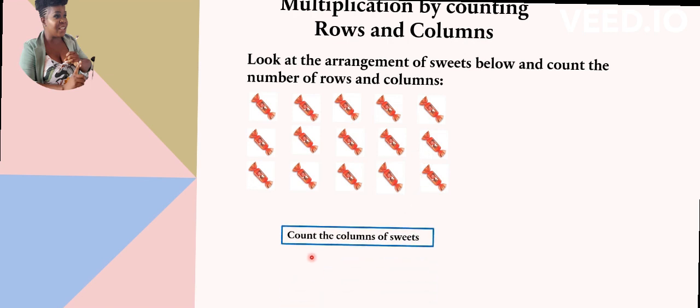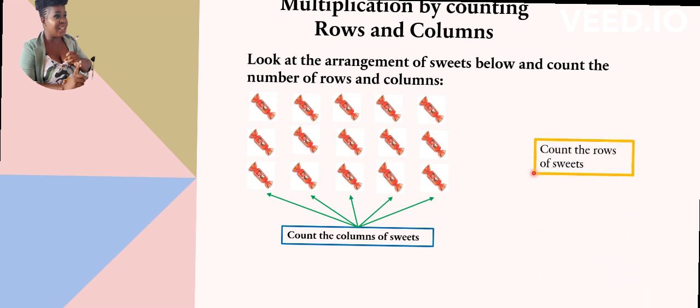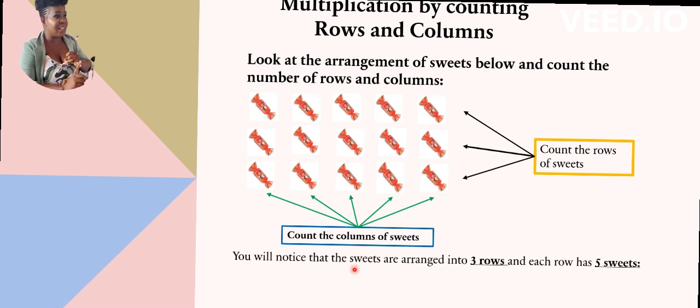Let's count the number of columns. 1, 2, 3, 4, 5. Now count the number of rows: 1, 2, and 3. You will notice that the sweets are arranged into 3 rows and each row has 5 sweets.